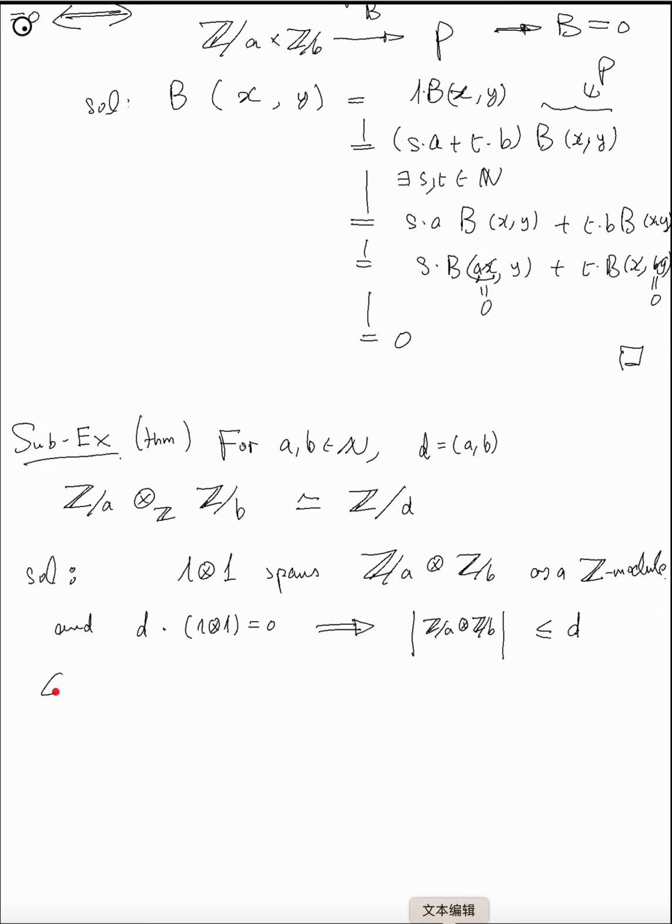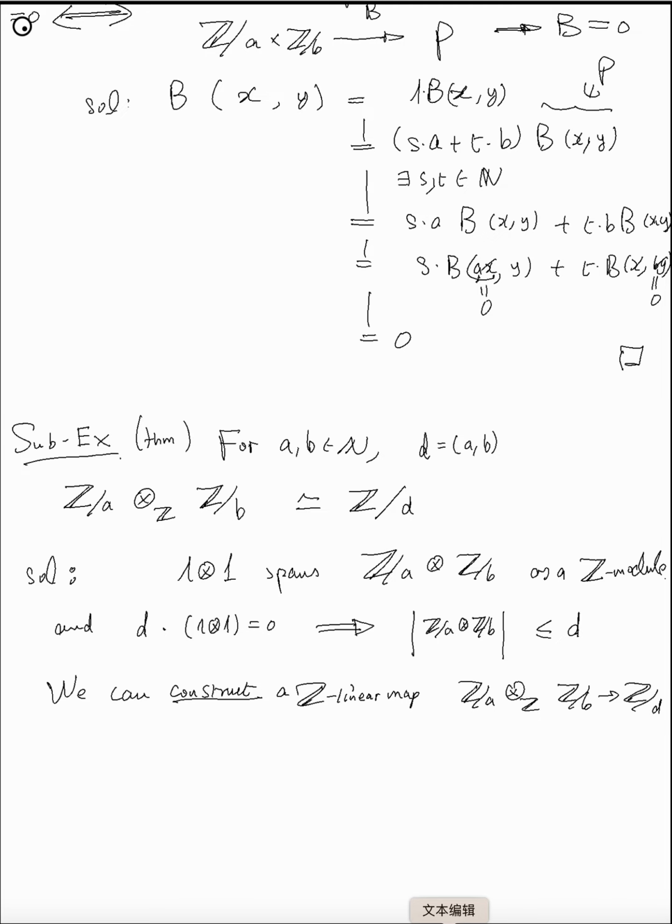And secondly, conversely, we can construct a Z-linear map from this ring we want to the quotient Z/d, and I want to show it's surjective.